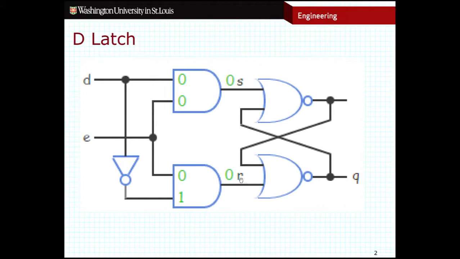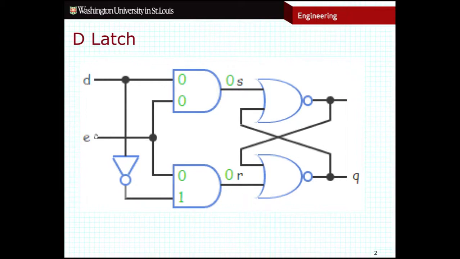That means that S and R, in our SR latch portion of this circuit, are also going to be off. They're going to be low. And that means that the circuit is going to hold whatever value it had in the previous configuration. So it's going to be storing. It's going to be holding its configuration. So when enable is low, that means I cannot change the data that this circuit is storing.